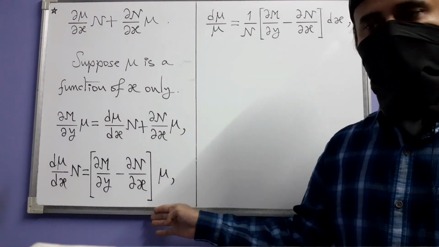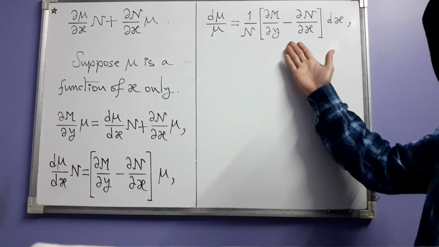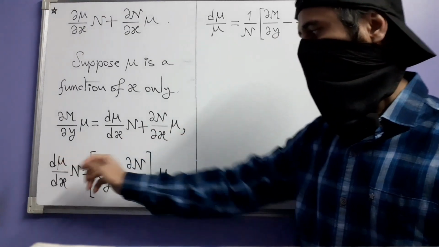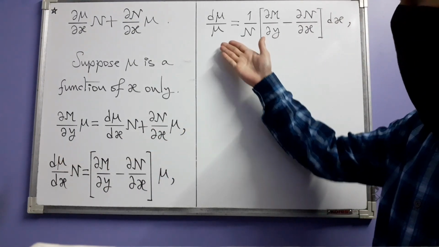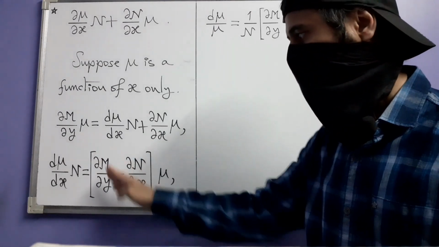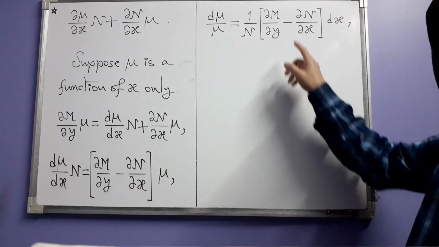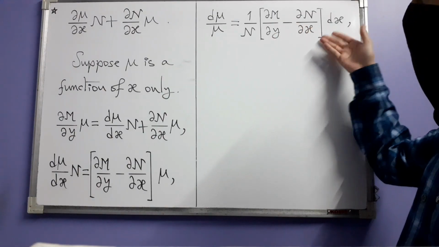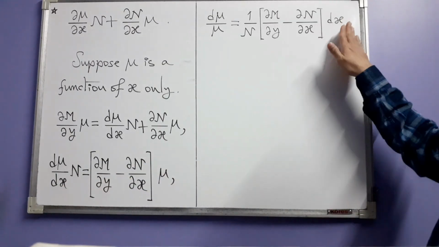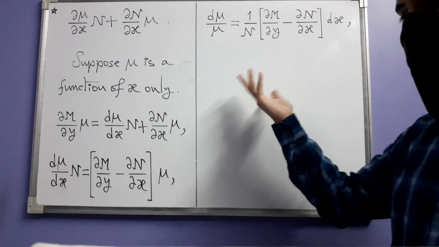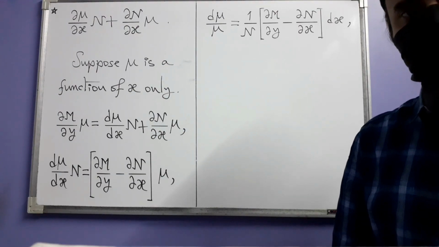And this equation takes on this equivalent form: d mu divided by mu equals 1 divided by n, if you transfer the n over to this side, times this difference times dx.